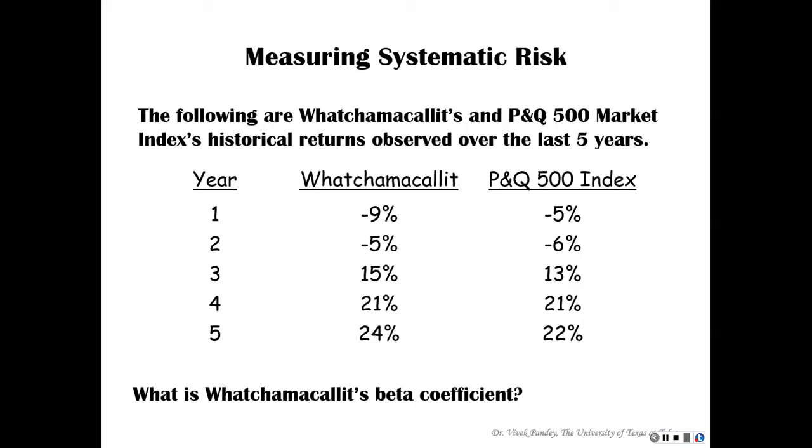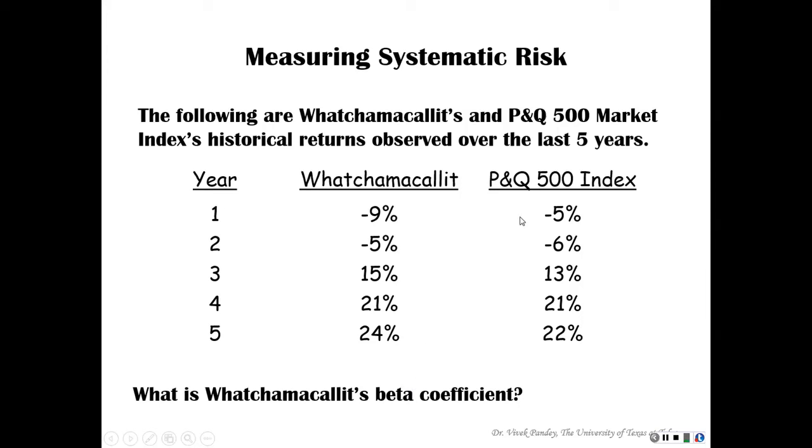And so by comparing returns of a particular stock, or in this case, the whatchamacallit mutual fund, to the returns on the market index, we actually are able to extract a measure called beta, which measures the systematic risk, right?